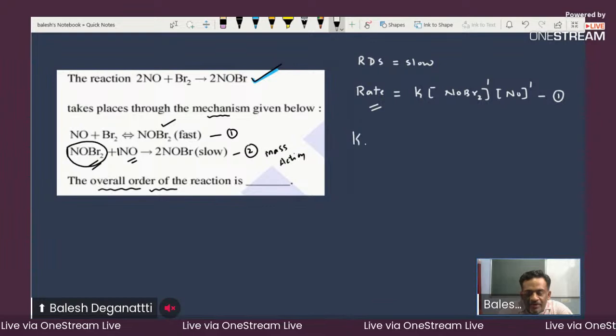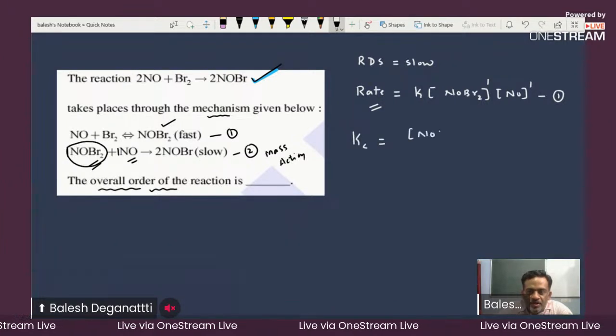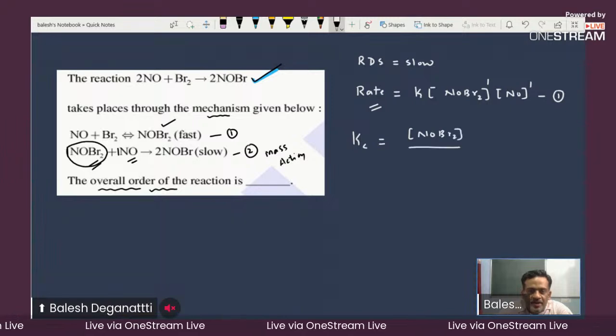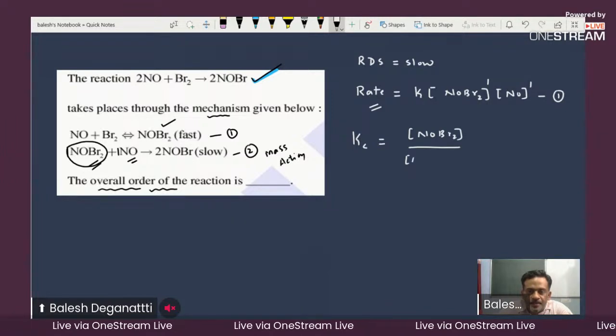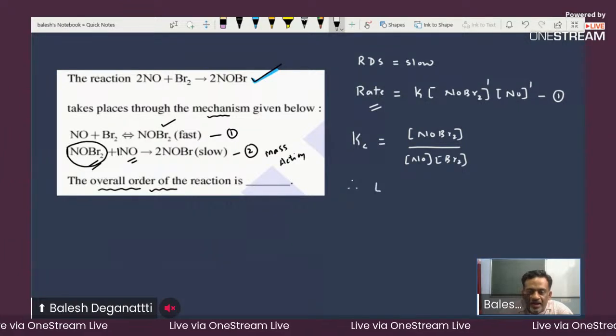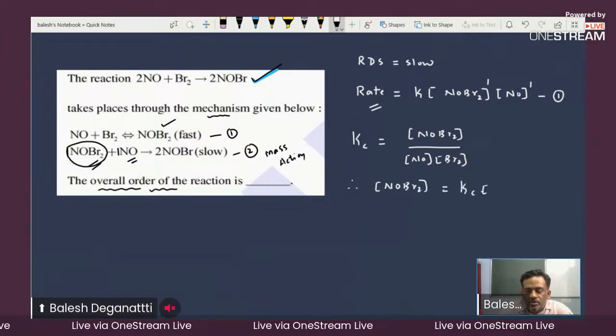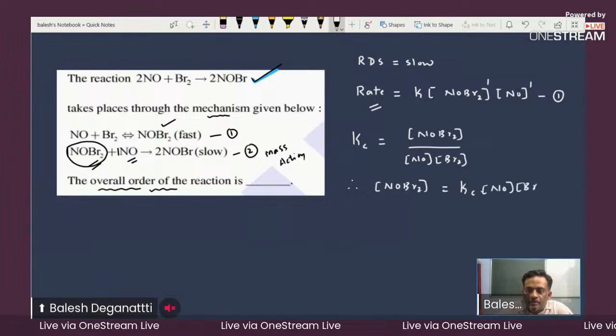Applying the law of chemical equilibrium to first step, I'll get Kc equal to NOBr2 by NO into Br2. So therefore, I will be having NOBr2 is equal to what? Kc into NO into Br2.